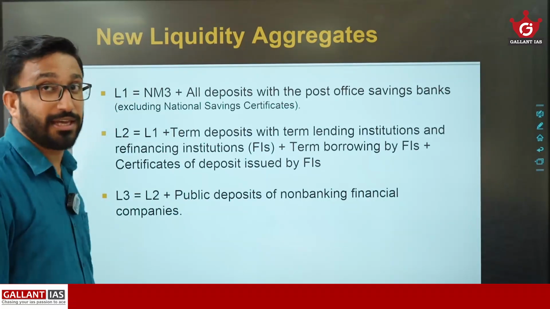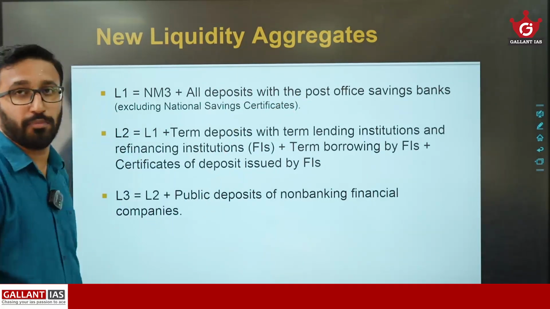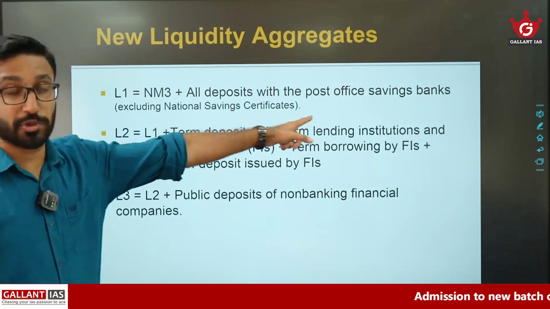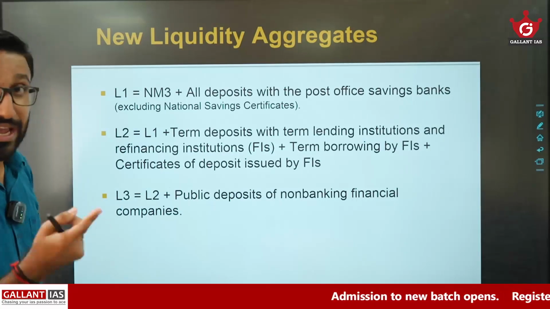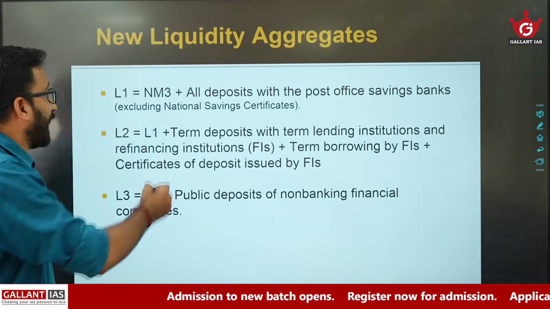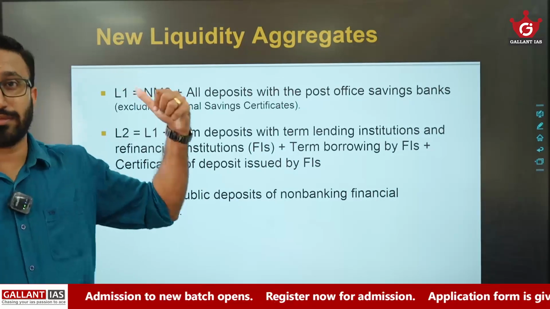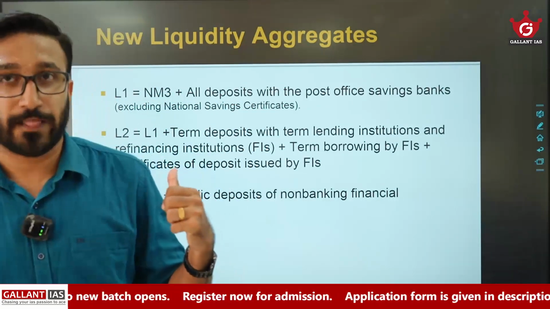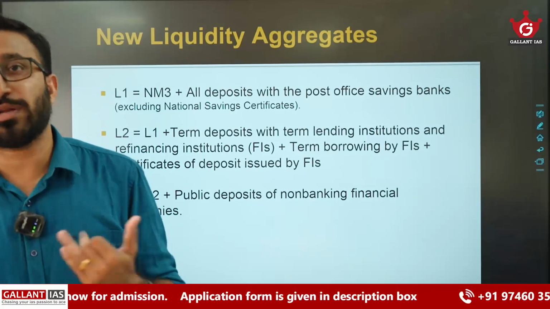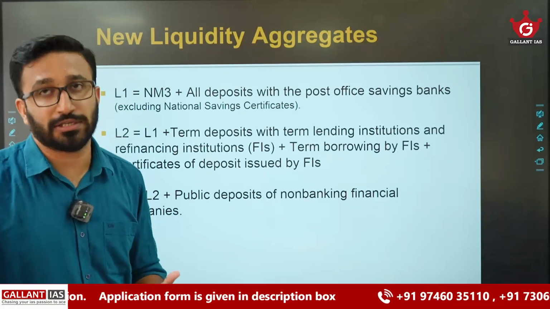Here comes the post office component. L1 is NM3 plus all deposits with the post office savings bank excluding National Savings Certificates. L1 builds on NM3, which we have just mentioned: NM2 plus long-term time deposits of residents plus call or term funding of financial institutions.